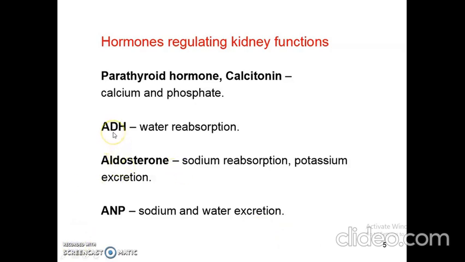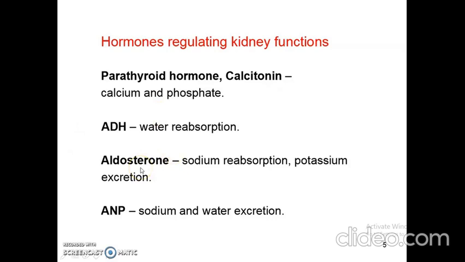So how does it normalize the water level? By acting on nephrons. It increases reabsorption of water at the collecting duct region as well as the distal convoluted tubule region.